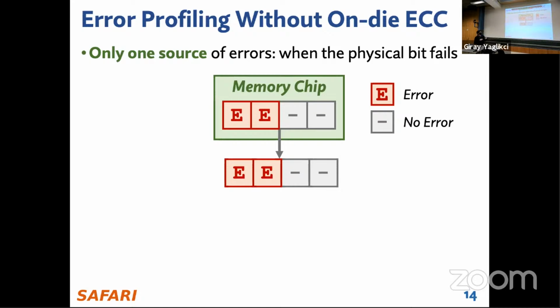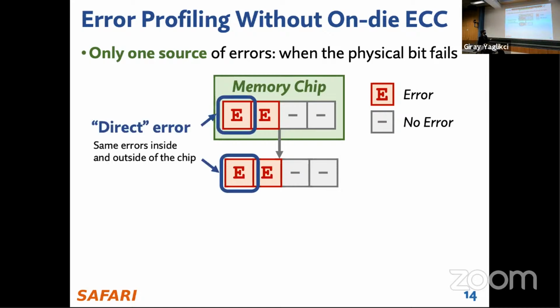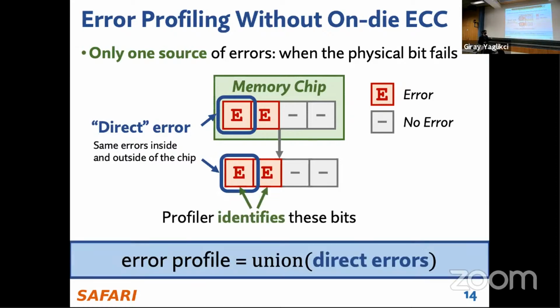We refer to this type of error as a direct error because the same errors are observed both inside and outside the DRAM chip. The profiler observes these 2 bits fail and marks them as at risk of error, so the error profile is computed as the union of all direct errors observed.